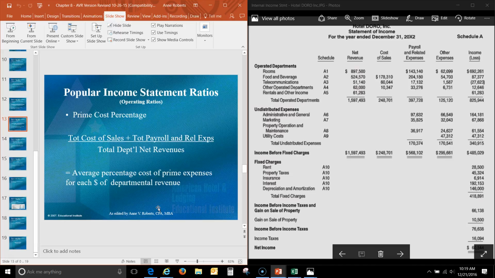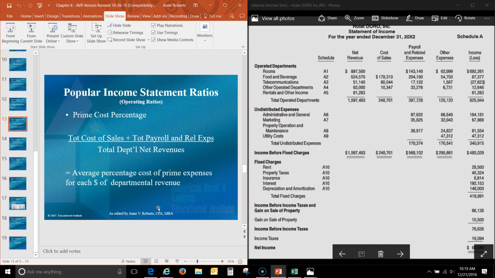So now, instead of taking total cost divided by net revenues by itself, or payroll divided by net revenues by itself, we're taking both cost of sales and payroll and dividing it into net revenues. So again, this gives us the percentage of, for every dollar that we're earning in revenues, how much do we absolutely have to spend to earn that dollar?